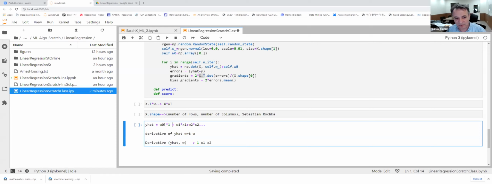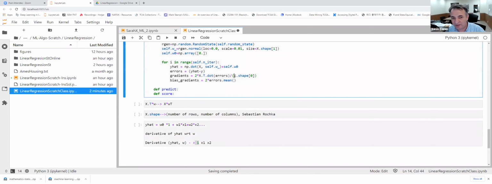So when you take the derivative of W0 with respect to W0, you only have 1. Then you are taking the derivative across all the data points, i from 1 to n. What you have is a summation of the error terms: 1 times error 1, 1 times error 2, 1 times error 3. You are summing them up and dividing by the number of data points. That's why the bias gradient is errors.mean. It's the mean of the errors.